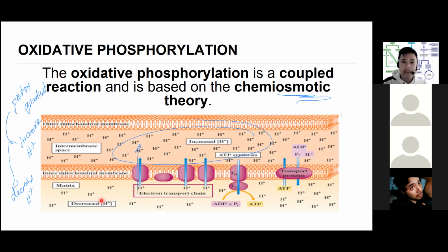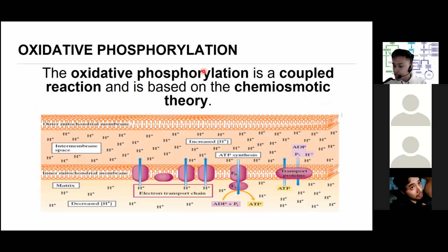Am I making sense? So where will it go back? It will go back through what we call the ATP synthase. So this is where the re-entry happens.